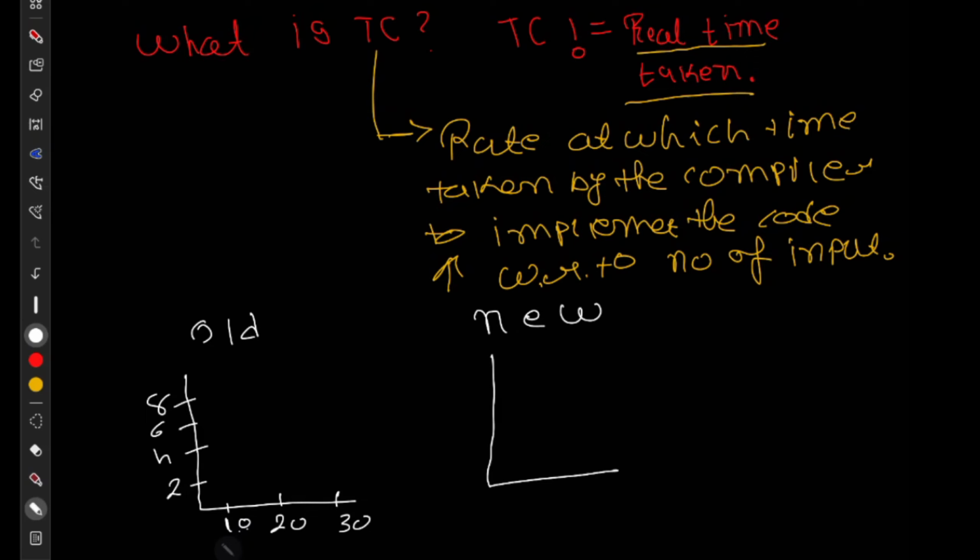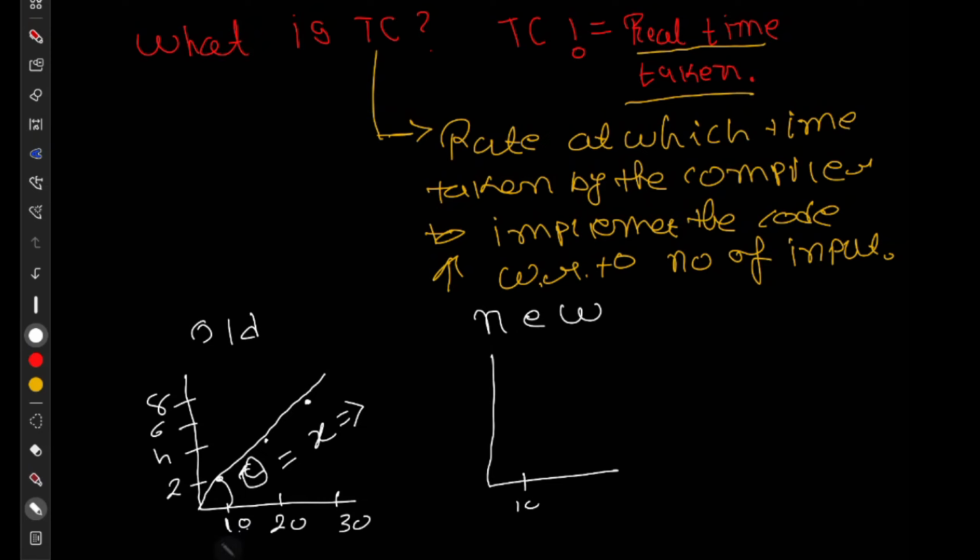When I give input 10, it takes 2 seconds. When I give input 20, it takes 4 seconds. When I give input 30, it takes 6 seconds. When I join the line and measure this angle theta, let's say it equals x. Theta means the rate at which time taken by the compiler increases when the number of inputs increases.